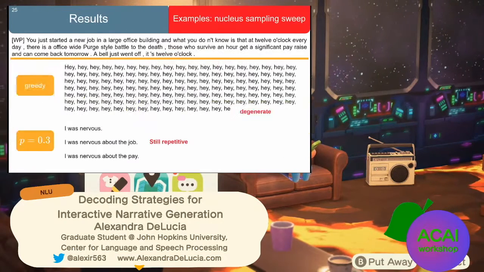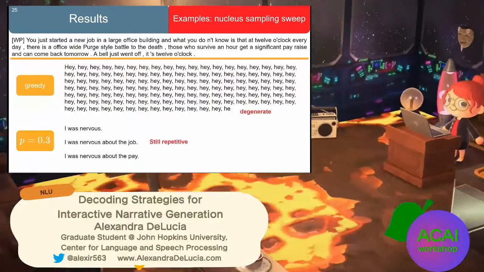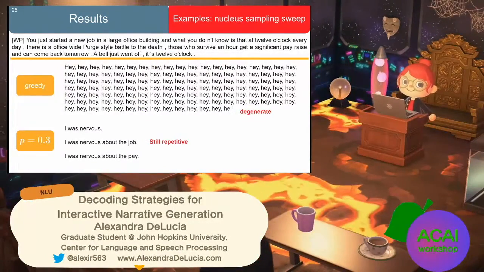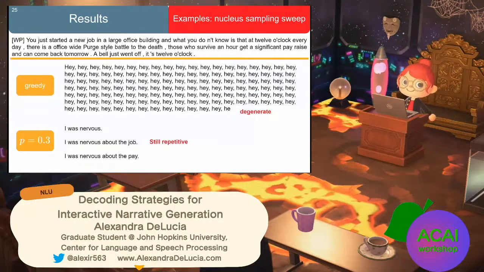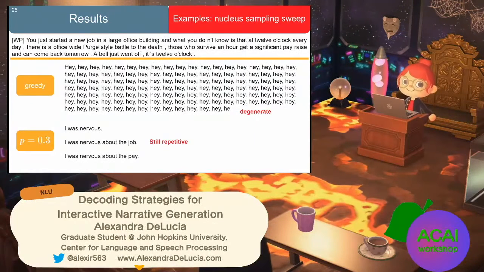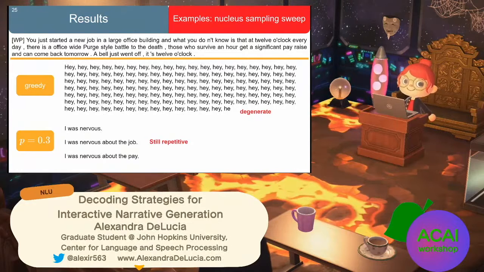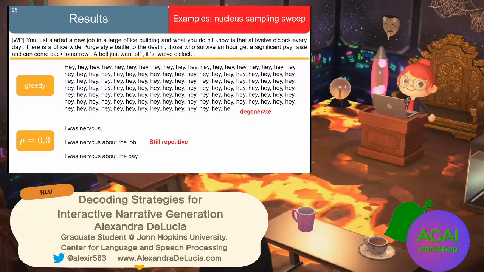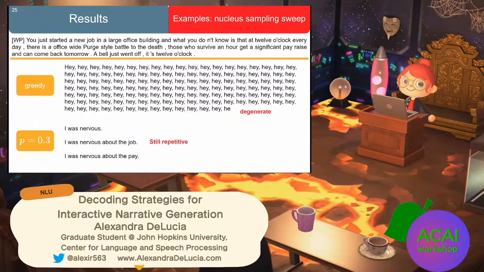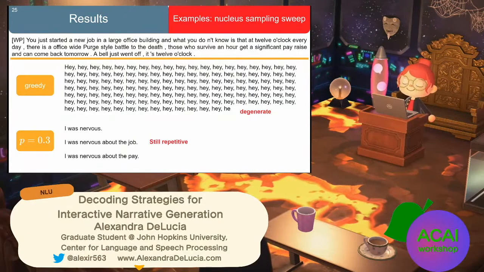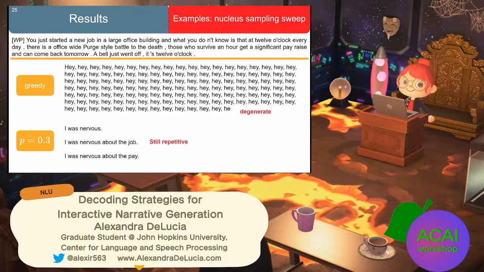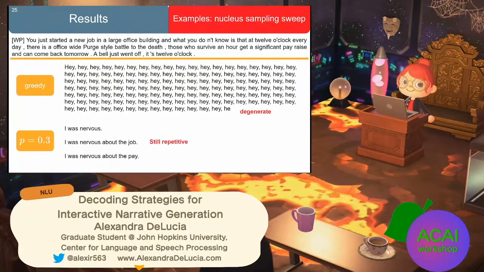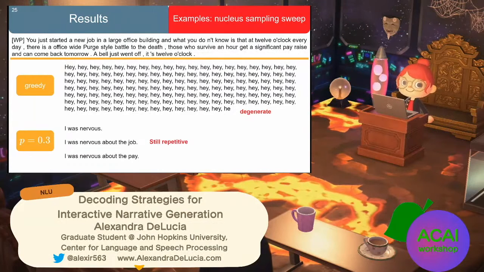So I just wanted to start right off by showing some examples. As Abby had mentioned before, GPT-3 is a thing. This is using GPT-2 Medium. And GPT-2 is still pretty good, not on this slide right here, because these are the lower p-values. But for this example, we can see that greedy search is obviously very degenerate. It's very repetitive.